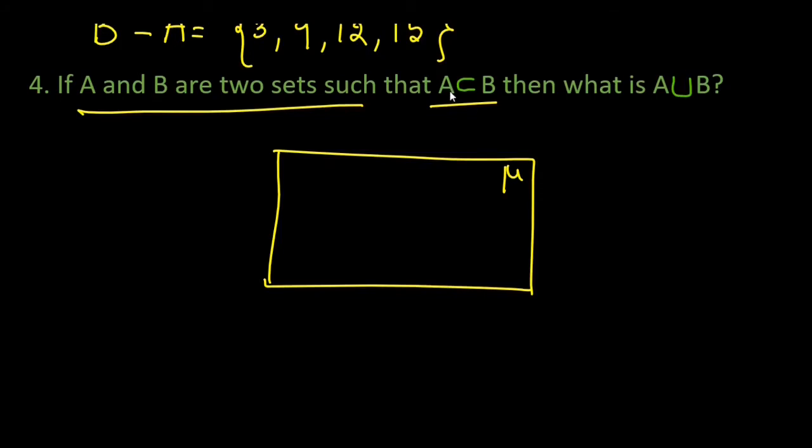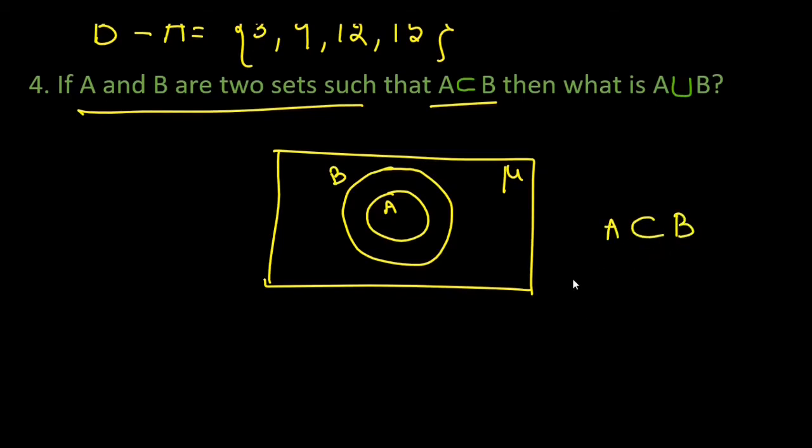Now we have A as a proper subset of B. So there is a larger set B. A is subset and here B is superset. B is larger than A and there is a smaller set A. This inner one is A, outer one is B. So that means A is a proper subset of B.